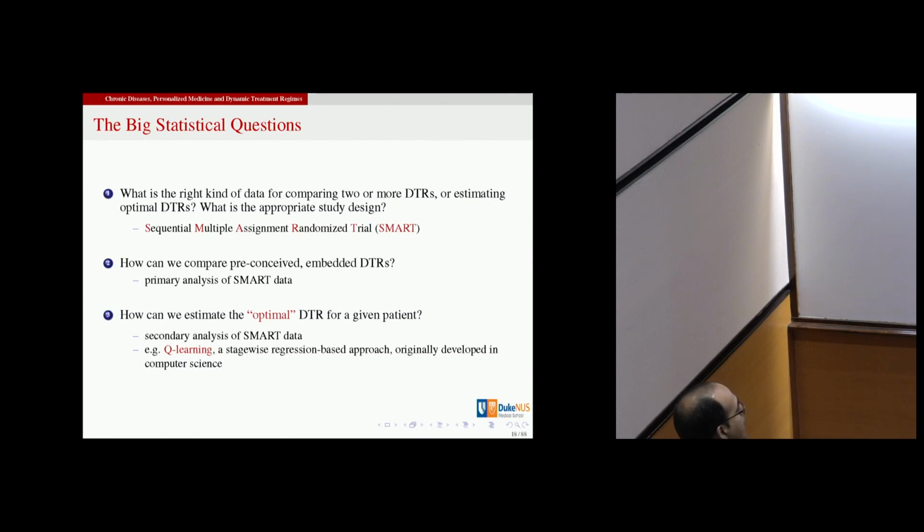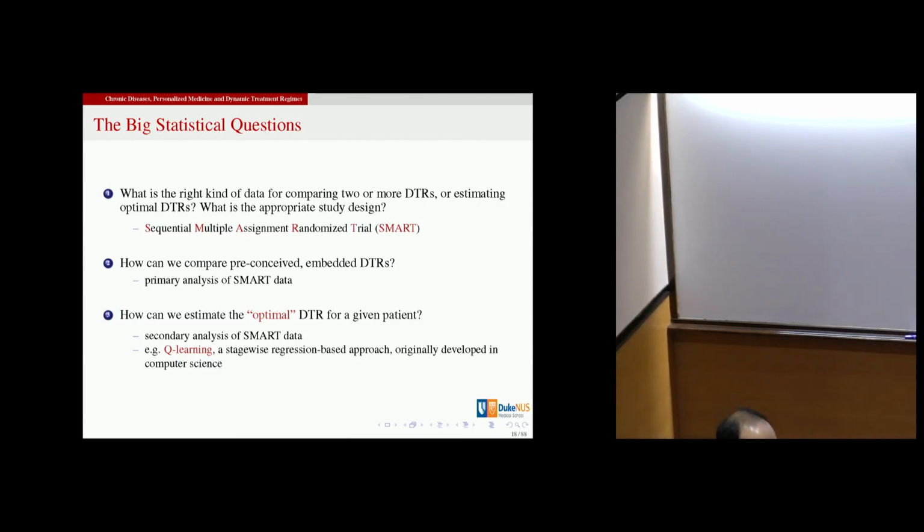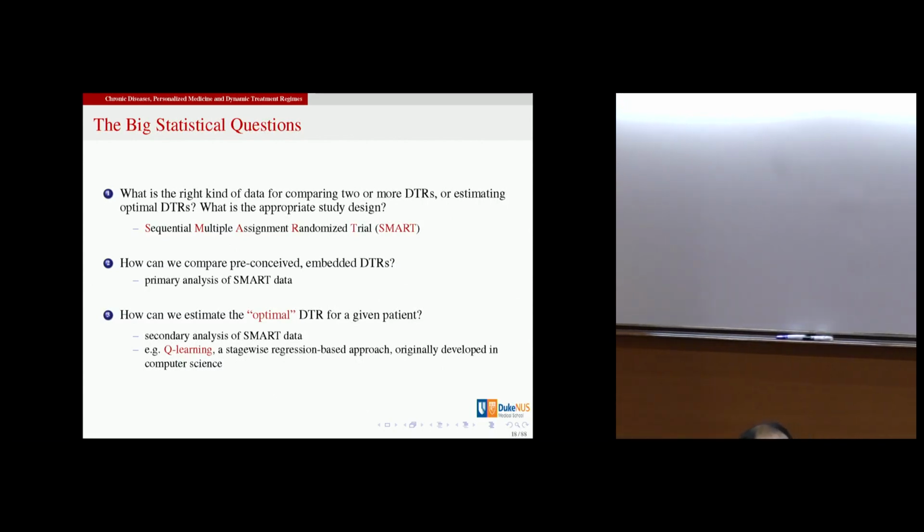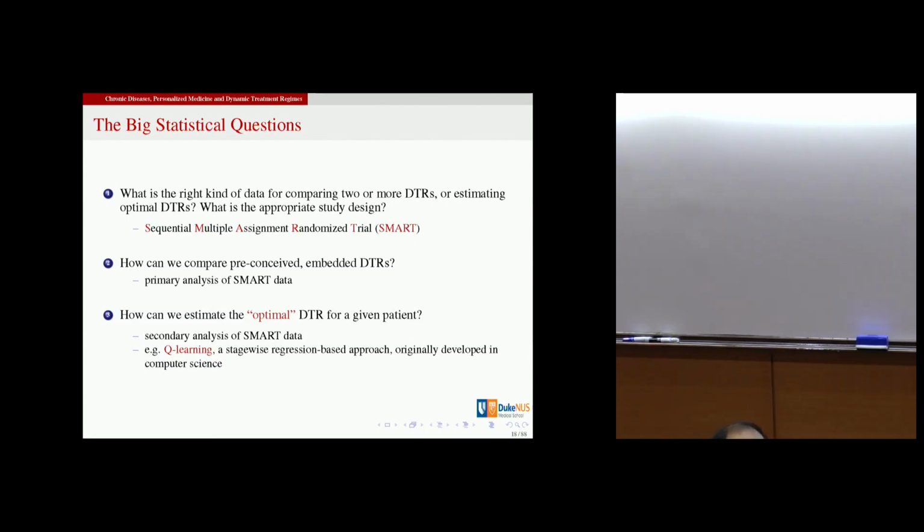Typically we can use Q-learning, a stage-wise regression-based approach that was originally developed in the reinforcement learning literature in a slightly different context. In fact, as I mentioned earlier, the Q-learning as we describe it here is more like the fitted Q iteration in classical reinforcement learning, as opposed to what is called Q-learning there.